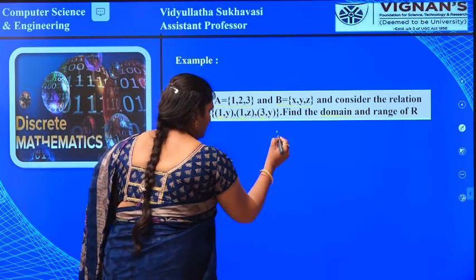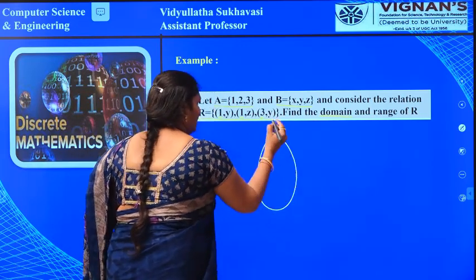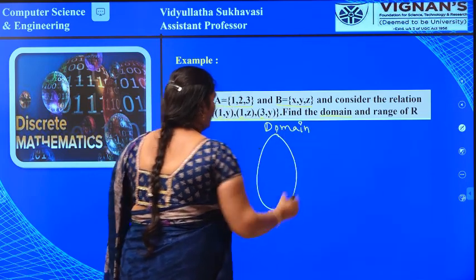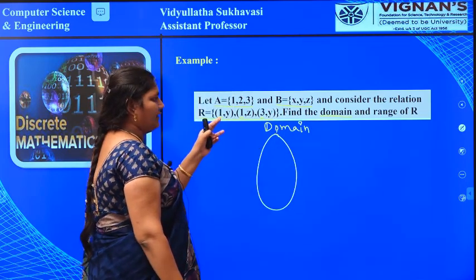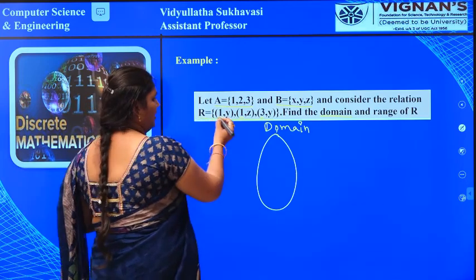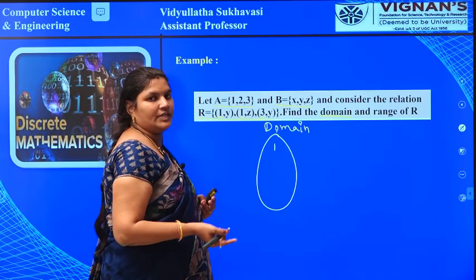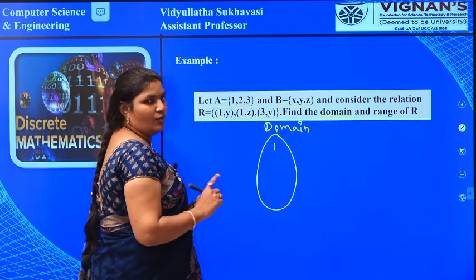So what are the elements in the first part of the ordered pairs? That is 1 and 3. We already have 1, and if there is a repetition we take it only one time.